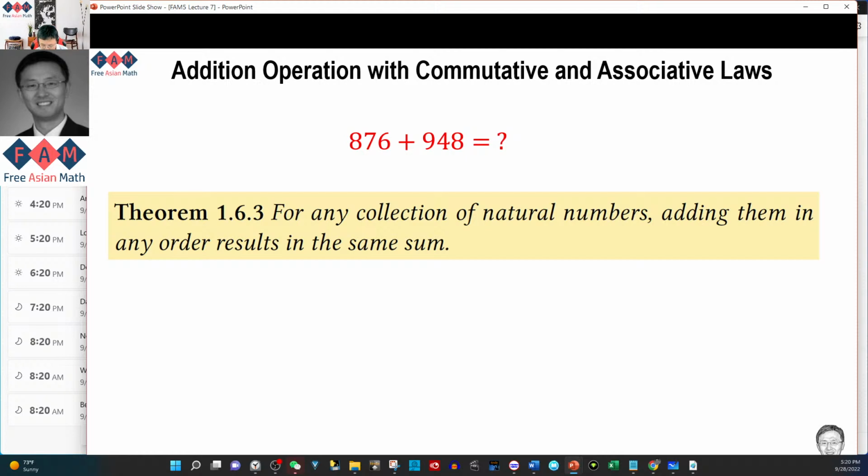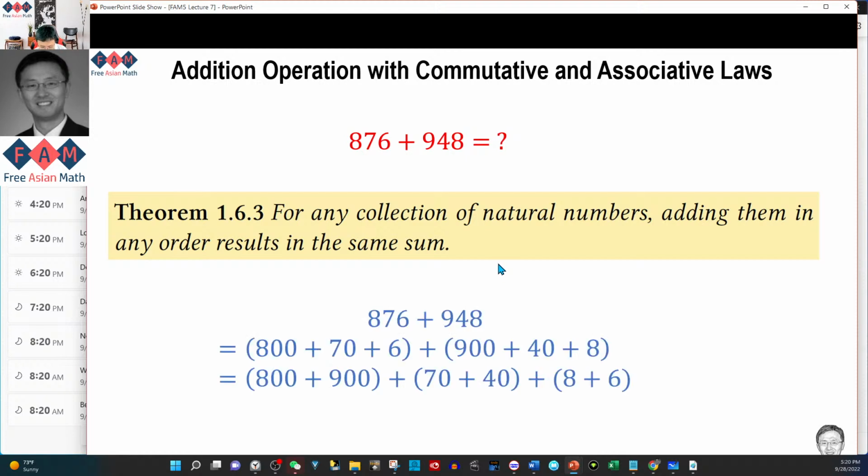It replaces both the commutative and associative laws, in the sense that it's based on those two laws, and the two laws are just special cases of this theorem, but this theorem gives you unlimited freedom to do whatever order you want in performing addition.